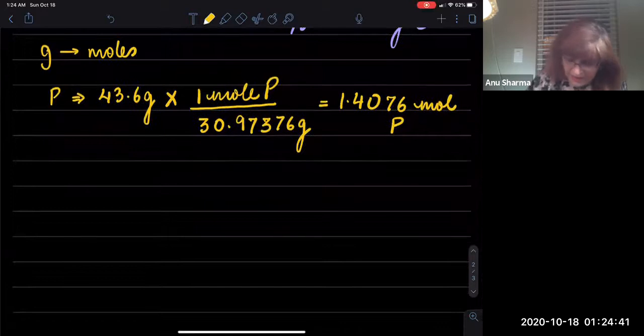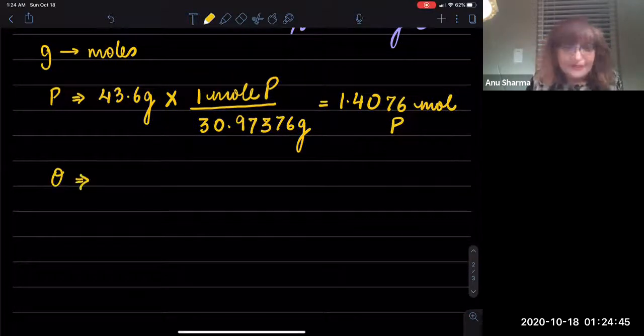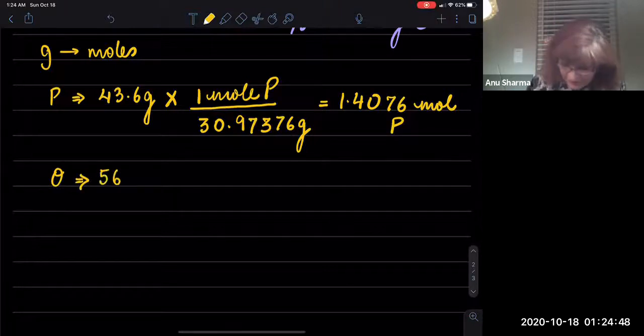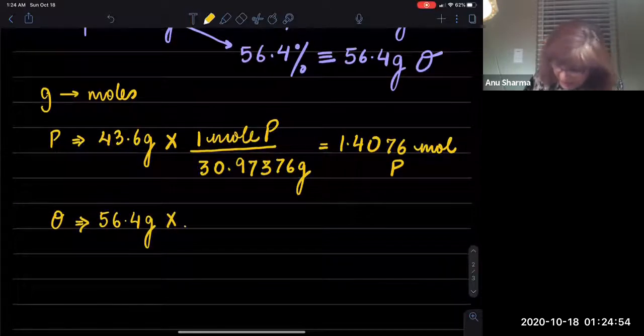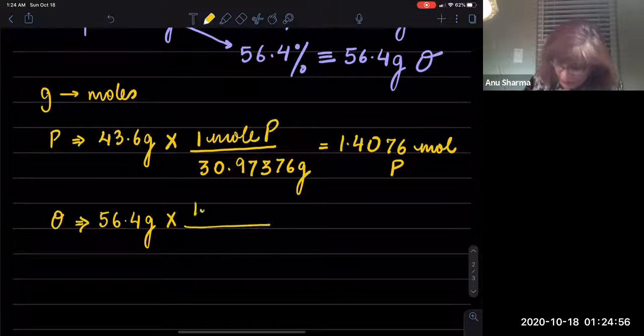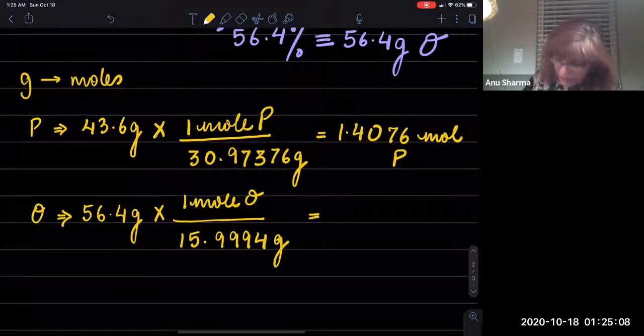Then you have oxygen. Oxygen is 56.4 grams, coming from the percentage, right? And 1 mole of oxygen is 15.9994 grams. Again, this is the mass number of oxygen.